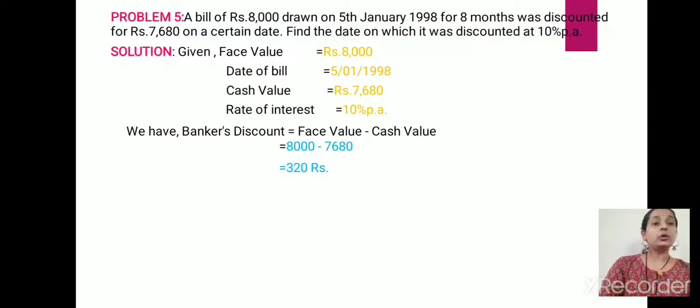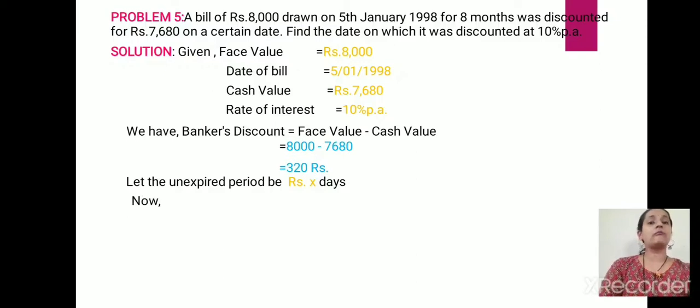Now we don't know the period up to where the bill is discounted, on what date the bill is discounted. So we assume that the unexpired period be X days. We are calculating the period in number of days, not in months. I have told you in the last lecture also why we take days and not months. Now we also know one more formula of banker's discount.